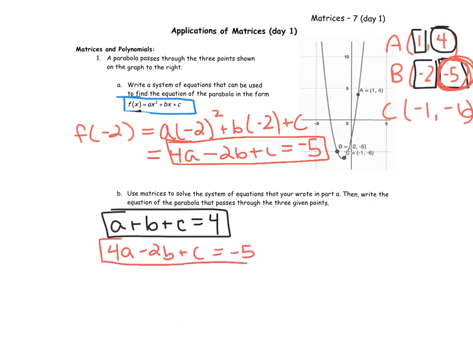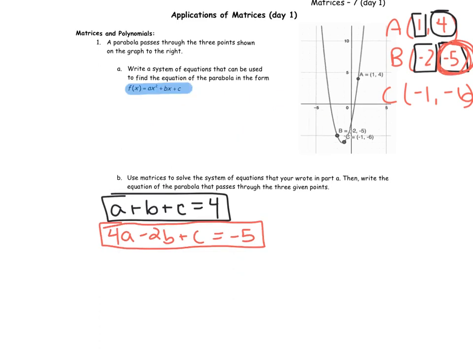All right, let's just get our last equation. Notice we're solving a system of equations where there's 3 of them. So we're solving a system of 3 equations. All right, so let's just clean this up. All right, now the last point we're going to check is when x is -1, our output is -6.